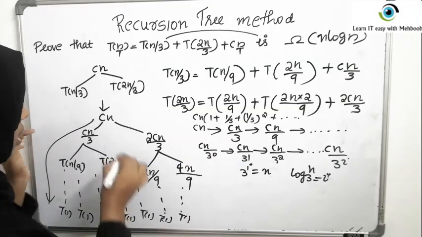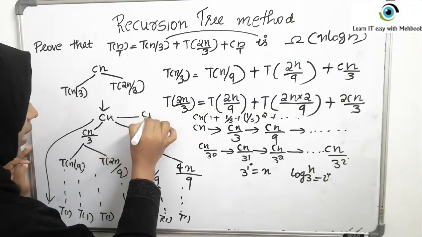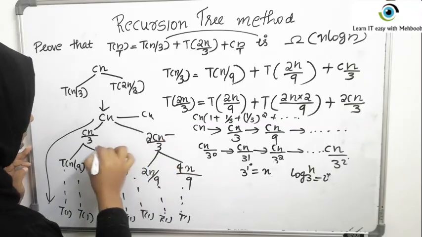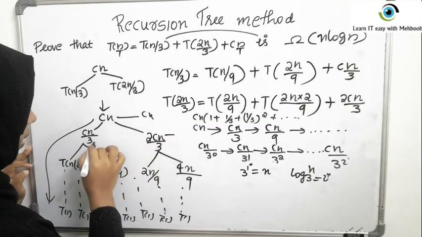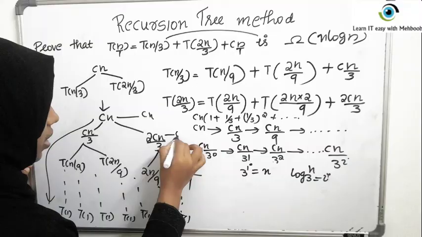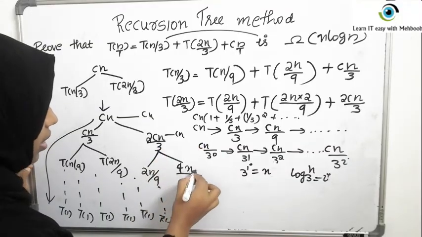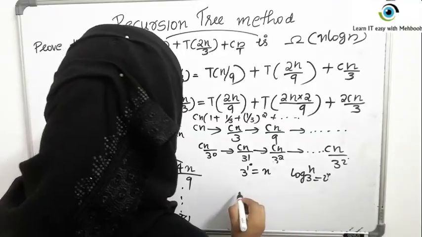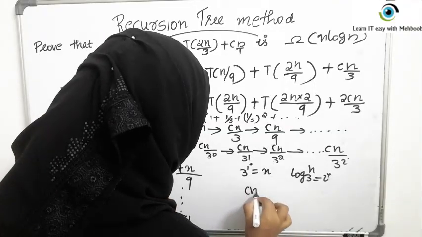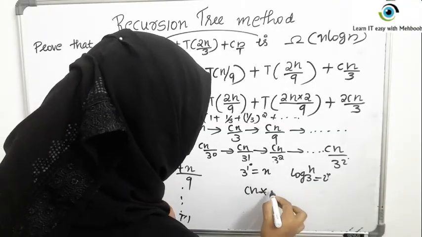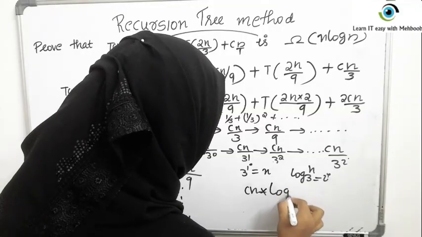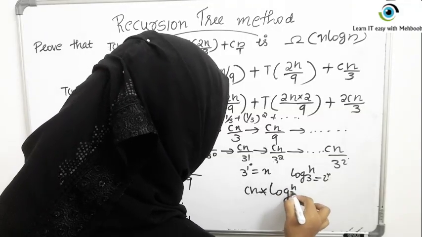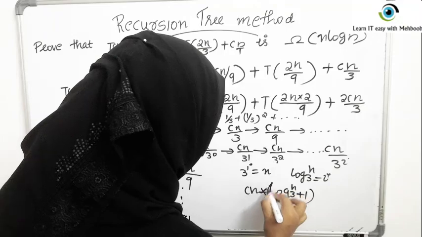So now see, the cost in this level is Cn. The cost in this level is 2Cn plus Cn, that is 3Cn by 3, which is again Cn. That is, cost at each and every level is Cn. So cost at each and every level is Cn into, we have log n to the base 3 plus 1 levels in total.